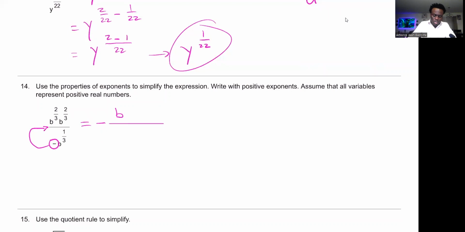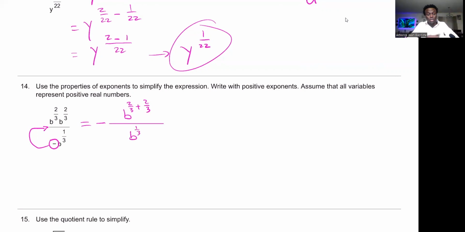So b to the power 2/3 times b to the power 2/3. I can write it as one base because the base is common. So that's 2/3 plus another 2/3 over b to the power 1/3.